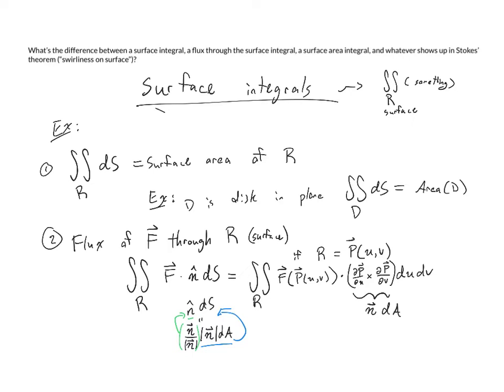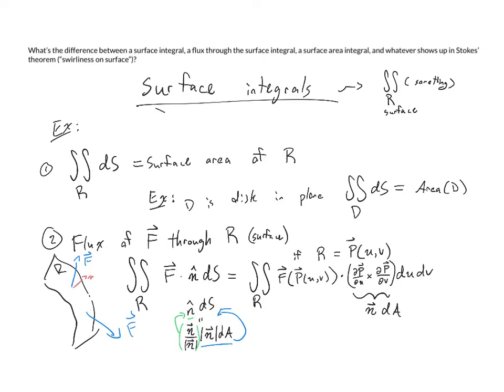So flux was specifically measuring, so I don't get too off track, you've got some surface R, and then you've got this vector field, and the vector field might be doing different things at different places, but you compare it to your normal vector.